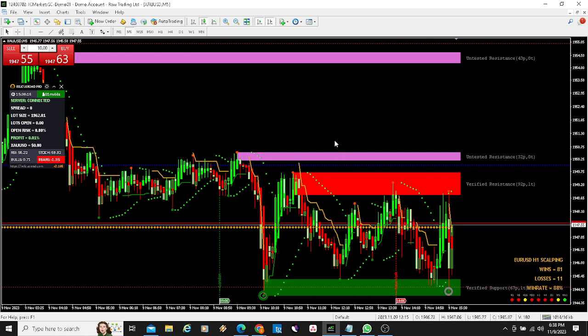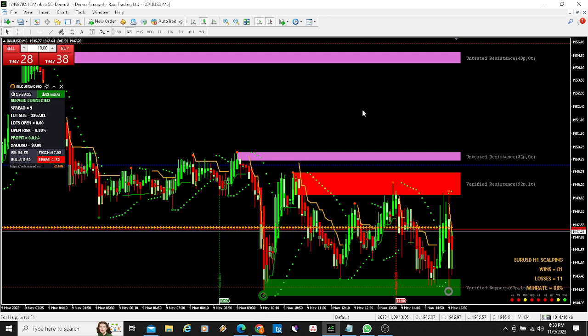Yeah, so these are good points. With this additional confluence, if you're getting each and everything aligned with each other, go for it. The advantages of this additional confluence are more than the disadvantages.